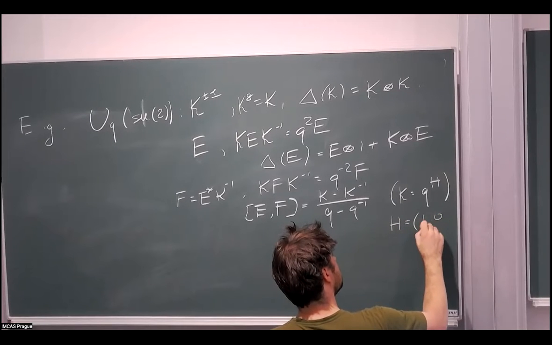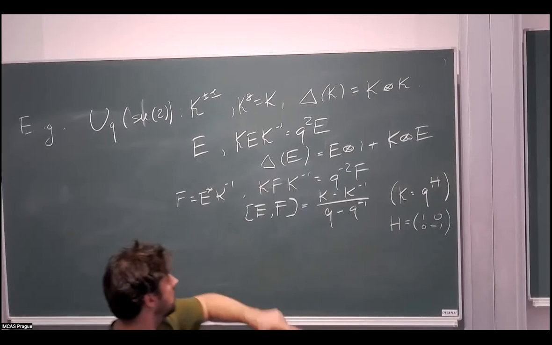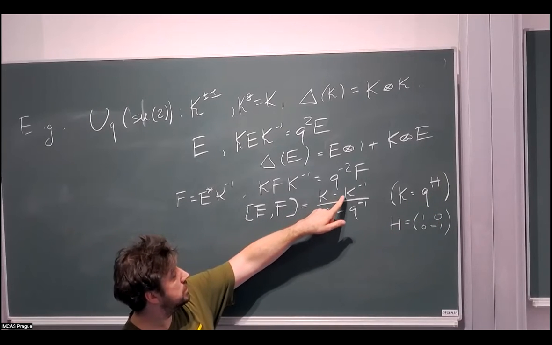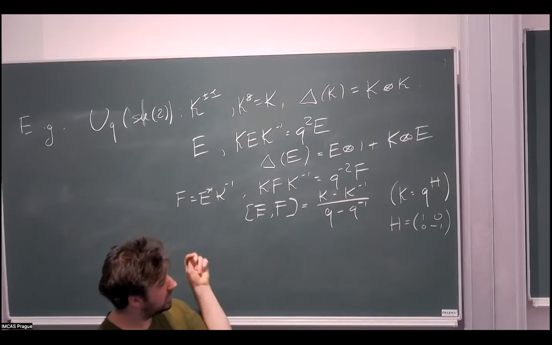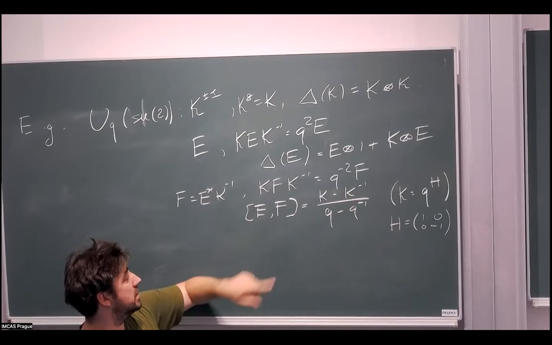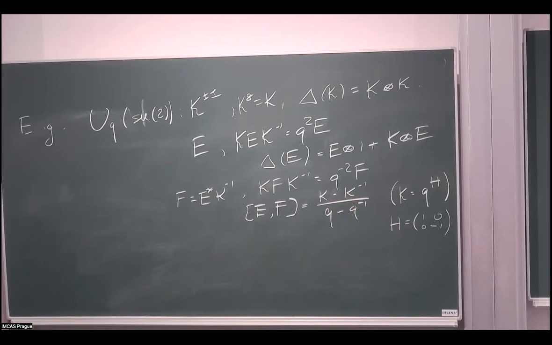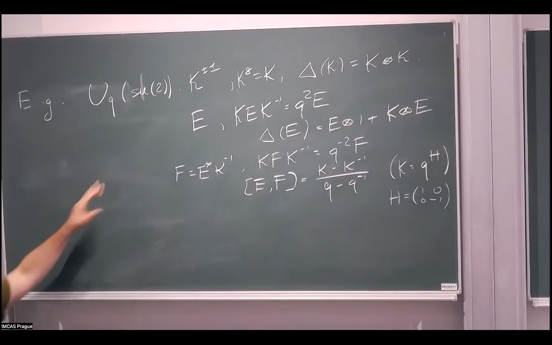So think of H as this matrix, and then K is somehow behaving as if it were Q to the H. And then you see indeed, if I have here Q to the H minus Q to the minus H over Q minus Q inverse, and I let Q go to 1 and apply power series, then indeed you get the usual relation for SL2C, that the commutator of E and F is equal to H. So a very quick sketch of how these structures look like. So in this case, for compact structures, I can always quantize and get Hopf algebras, and everything is very nice.